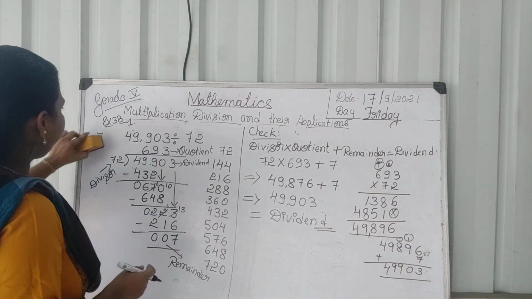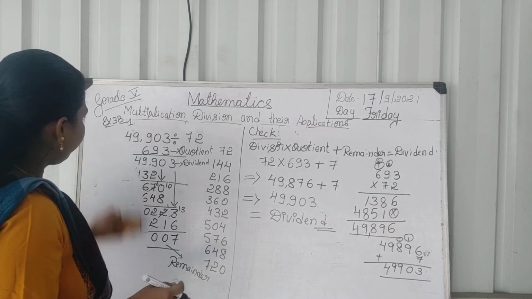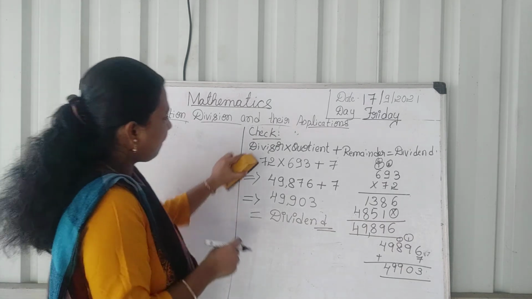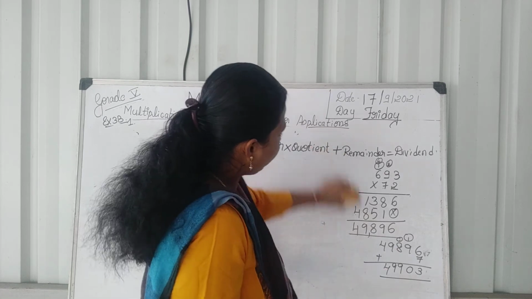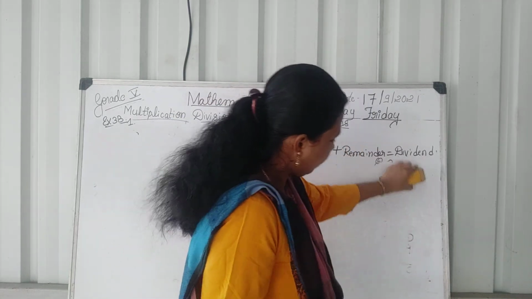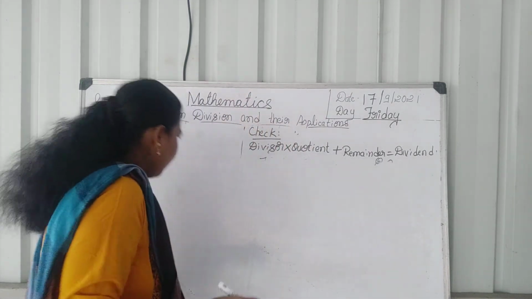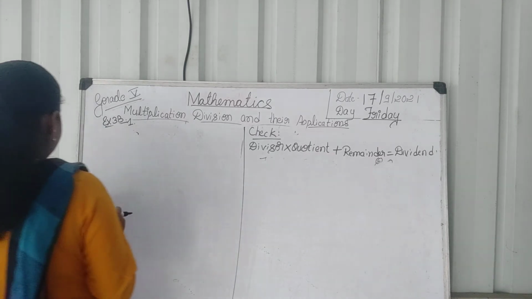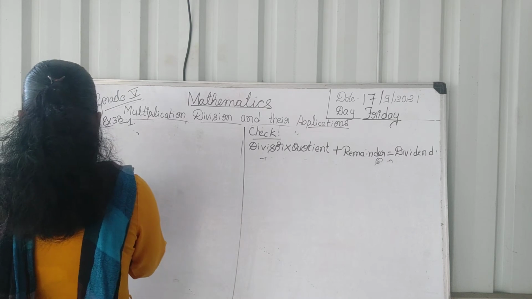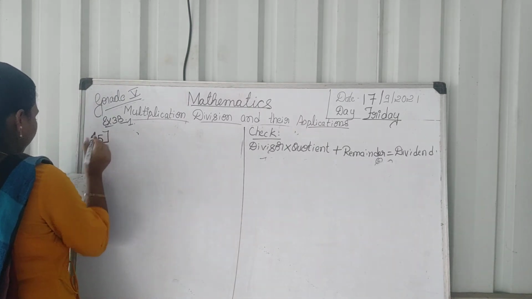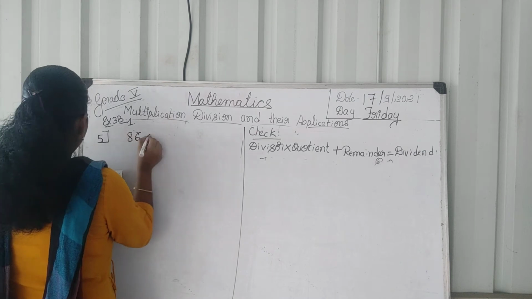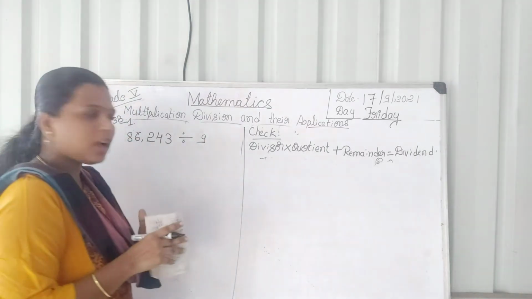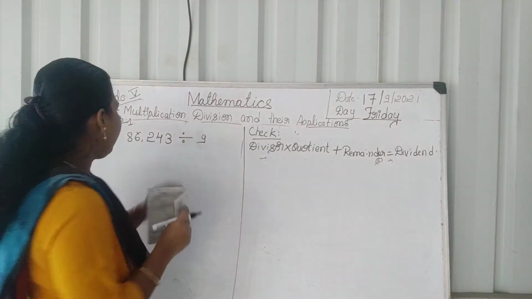The next problem is the fifth one. 86,243 divided by 9.